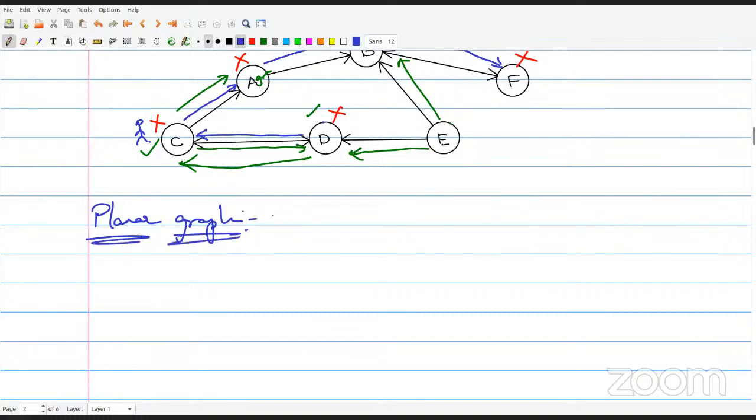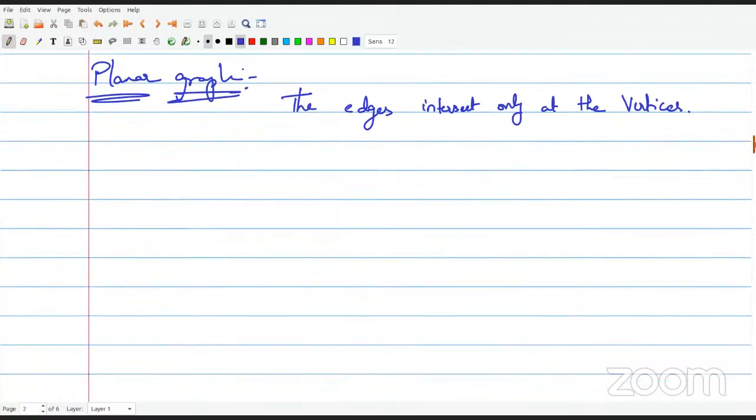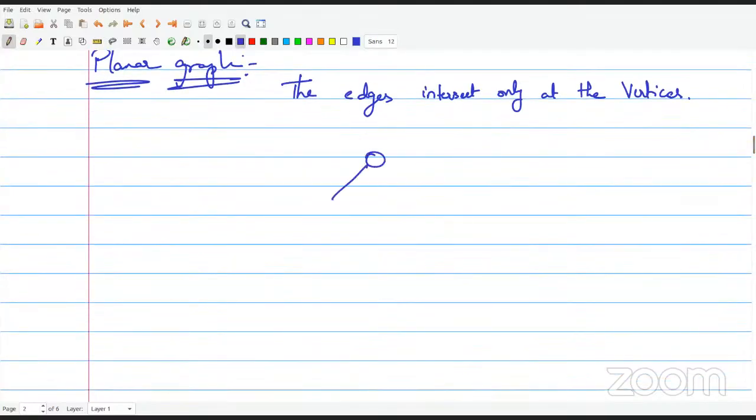So planar graphs are different types of graphs where the edges intersect only at the vertex points. Okay, only at the vertices. So if I take an example, see this.